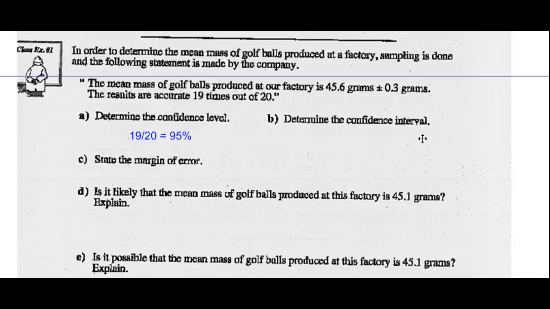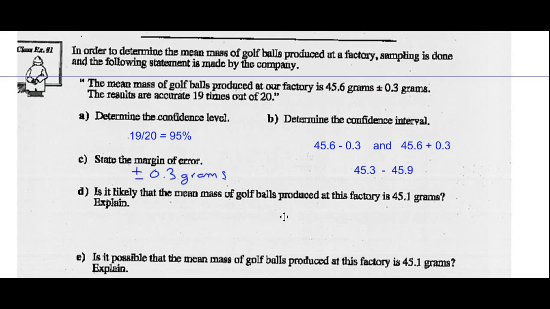So we're going to take 45.6 and subtract 0.3 and then 45.6 and add 0.3 to give us our confidence interval. Therefore, our confidence interval is 45.3 to 45.9. Part C, state the margin of error. Well, the margin of error would be plus or minus 0.3 grams.